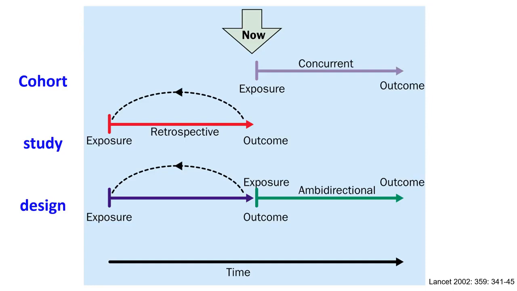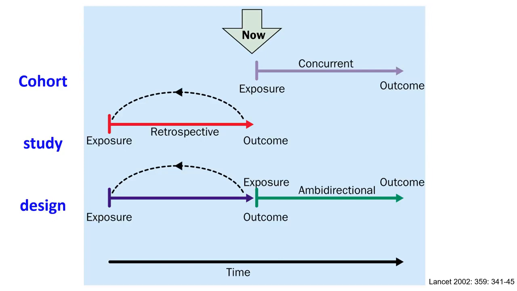And then we divide them as exposed and unexposed. And then we come back to the present to see what proportion of the exposed currently has the outcome of interest, and what proportion among the unexposed currently has the outcome of interest. So this becomes a retrospective cohort design.